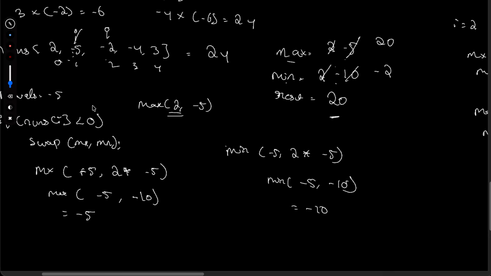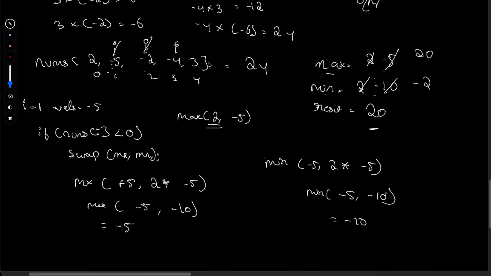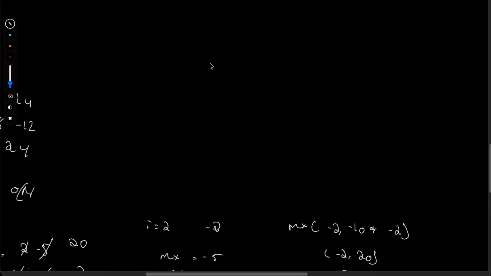So now next i comes here at negative 4. See, i is 3, value is negative 4. Okay, negative again, so we swap. See, before swapping, max is 20 and min is negative 2.